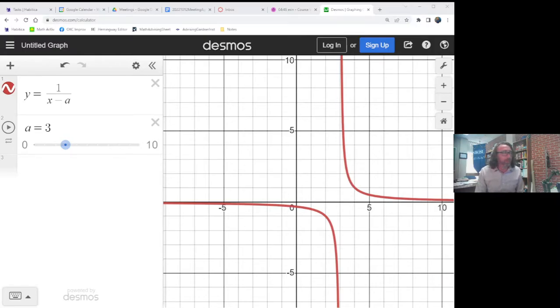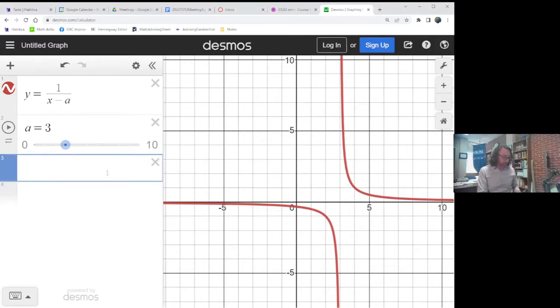on Desmos. This is the graph of y equals 1 over x minus a, and right now a equals 3. You'll notice this is very different from the graph of a polynomial function.